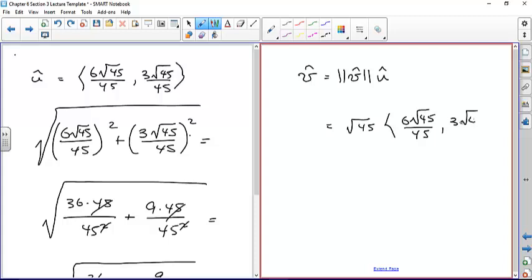One of the vector operations is if you multiply by a scalar, you multiply each component by the same amount. So the square root of 45 times the square root of 45 would give me 45. 45 would cancel out with the 45 in the denominator and I'd be left with this part. Same in the second part. The square root of 45 times the square root of 45 is 45 divided by 45. So you can see that is verified.